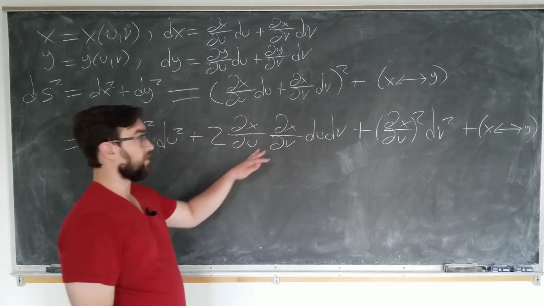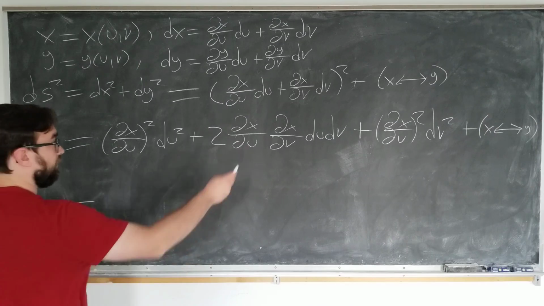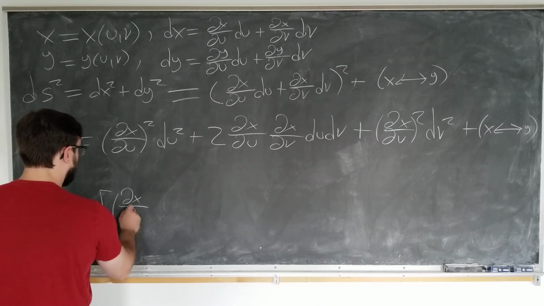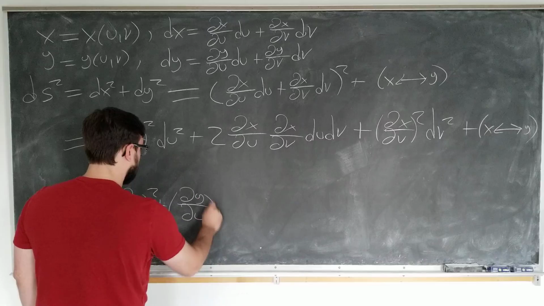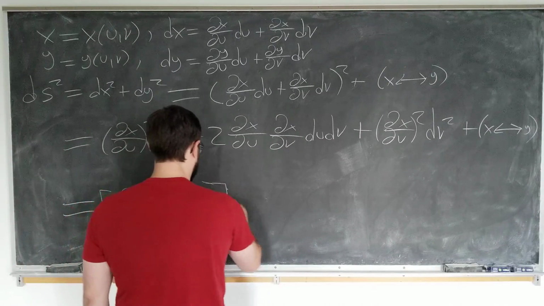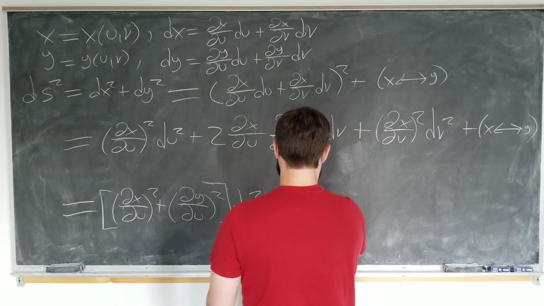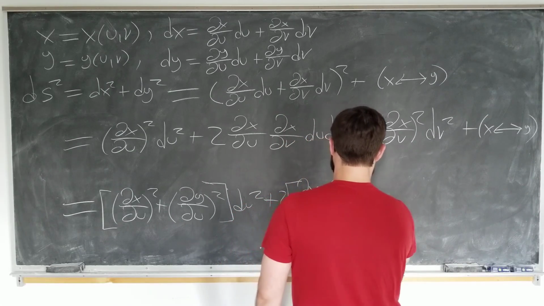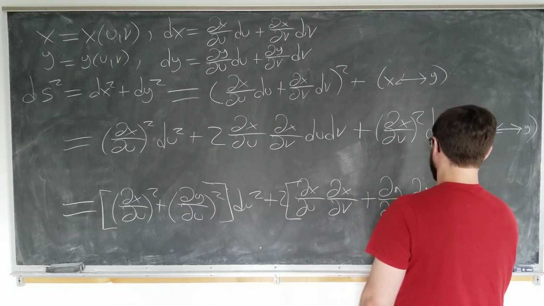And now we're going to explicitly write out the final line here. Just add that extra line there as well. Final solution is going to be dx by du squared plus dy by du squared. See, we just did the same thing with x replaced with y. Du squared plus 2 times the cross terms, x by u, x by v, plus y by u, y by v.